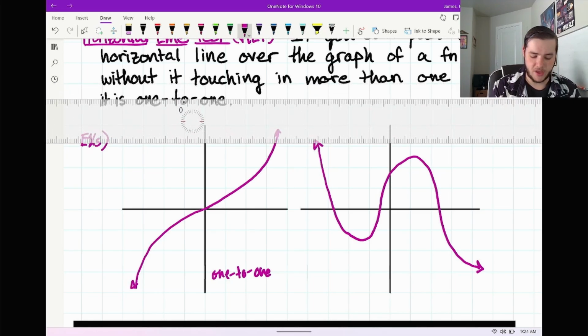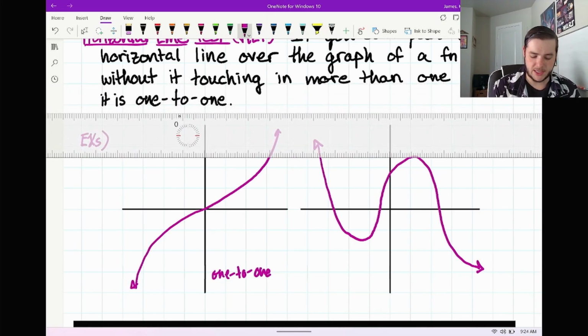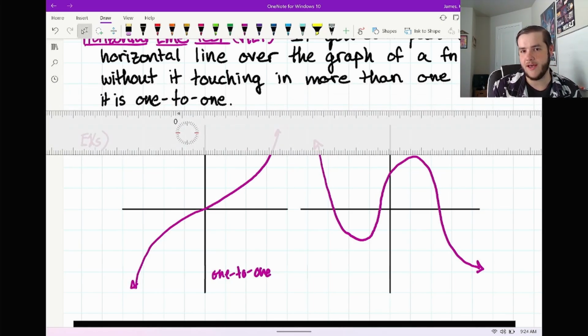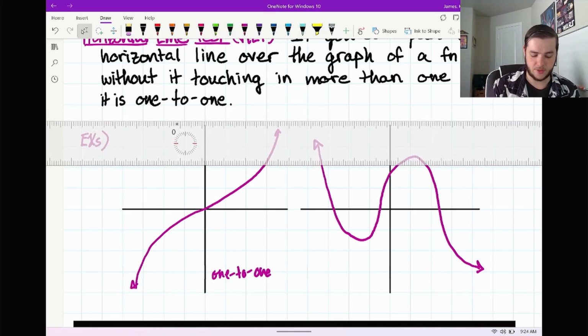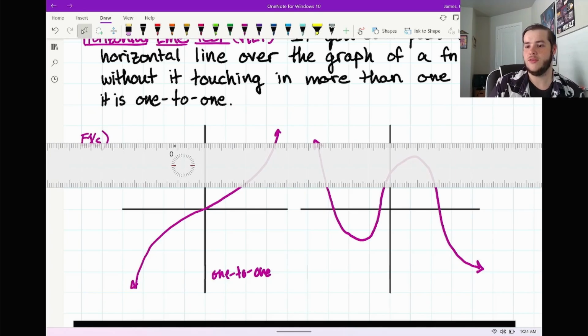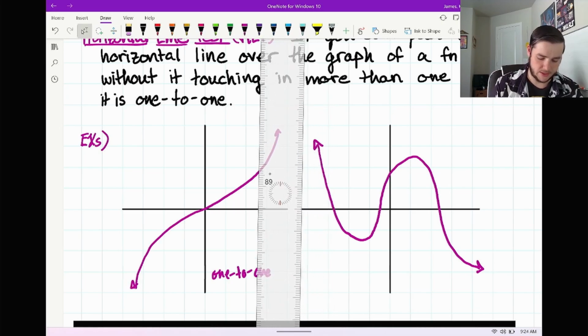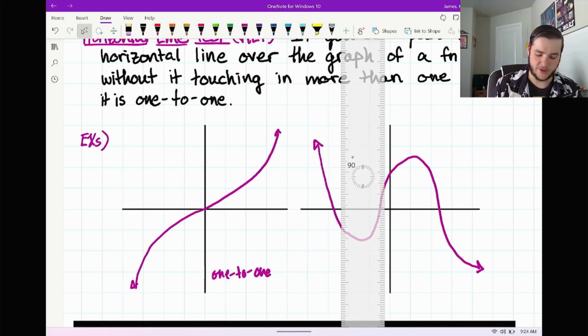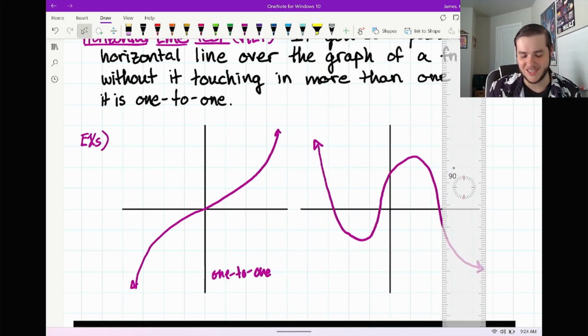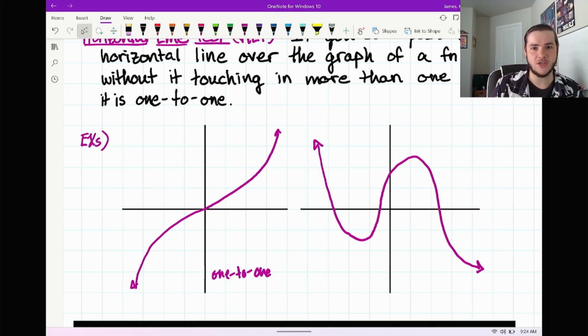Notice up here I'm fine, but once I get to here, now the graph is touching that horizontal line in 2 places. And in fact, 3 places here. The problem isn't that this is not a function, because it's still a function. Notice it passes my vertical line test just fine. This is still a function, but it's not one-to-one.